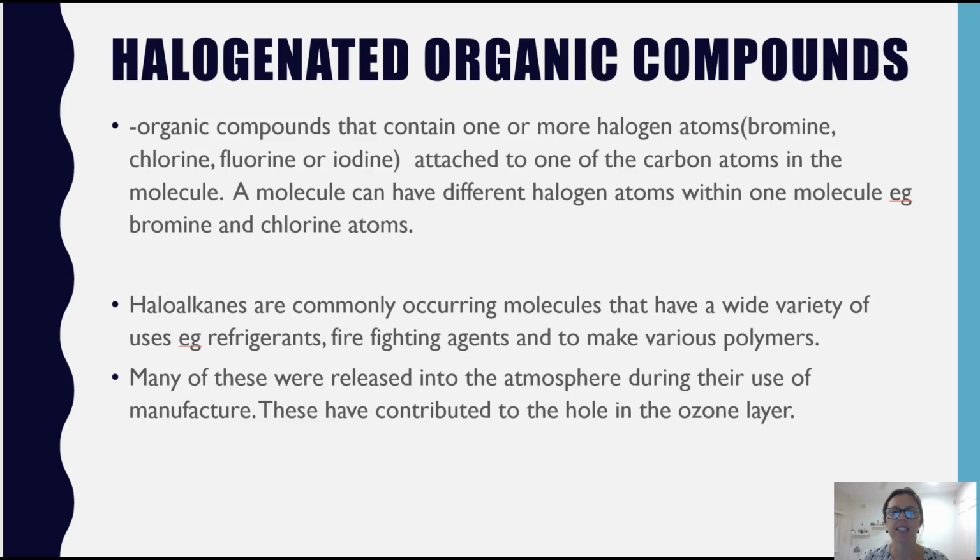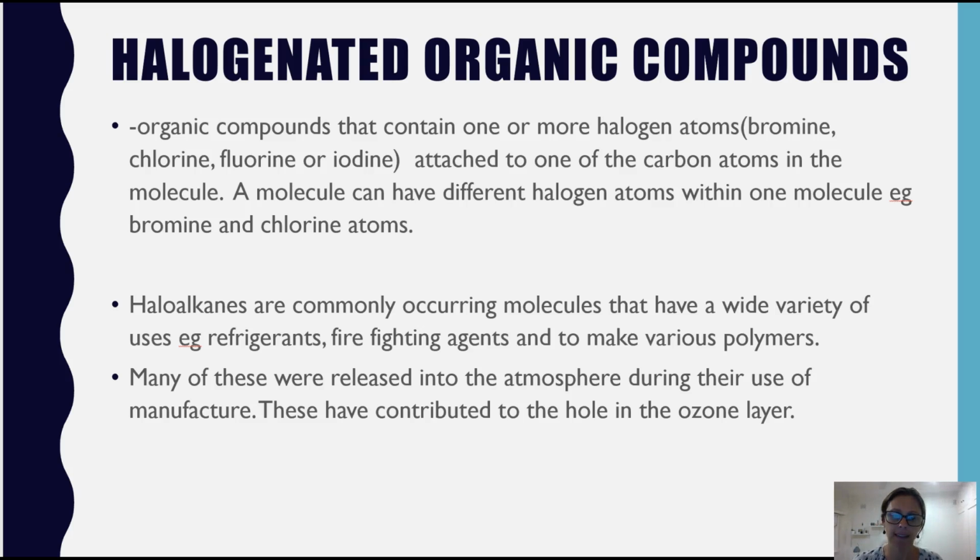What I want to look at today is another group of hydrocarbons, but these have a halogen attached to their hydrocarbon chain. They're actually called halogenated organic compounds. Not technically hydrocarbons, because hydrocarbons are only carbon and hydrogen, but these are ones with a halogen attached.